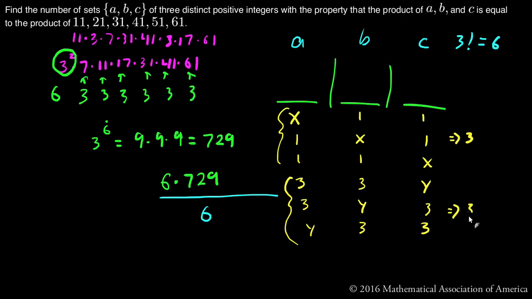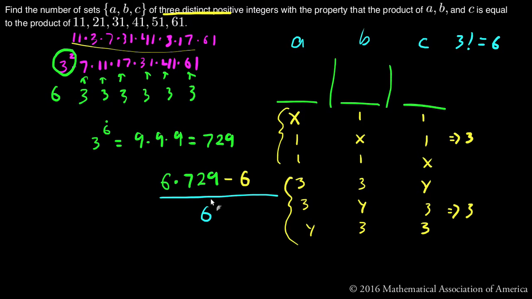And the biggest problem here is they're not distinct. If I send all of these factors to one of the spots, the other 2 are 1. They're not distinct. If I only give 3 to 2 of them and have every other factor in the third, the 3's aren't distinct. So with 3 and 3, I actually overcount 6 things.